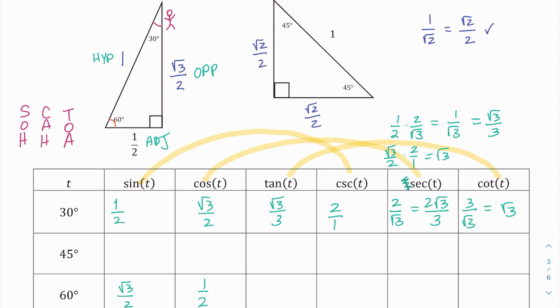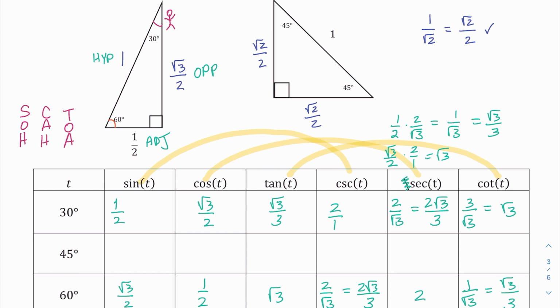That just gives me root 3. Great, root 3. Okay, and now I just use those reciprocal identities, which means the cosecant of 60 degrees is just 1 over sine of 60 degrees, which really just means flip each of these fractions. So 2 over root 3, and I know that's the same as 2 root 3 over 3. Flipping 1/2 gives me 2, and flipping root 3 gives me 1 over root 3, but I can just rationalize the denominator to get root 3 over 3.